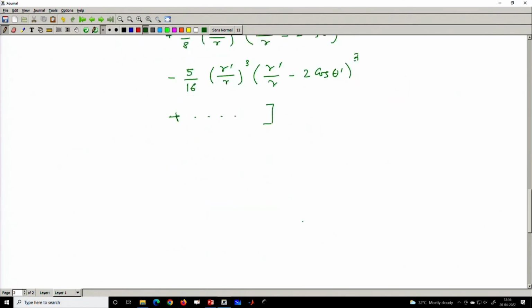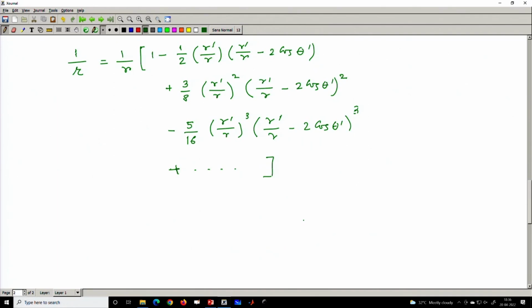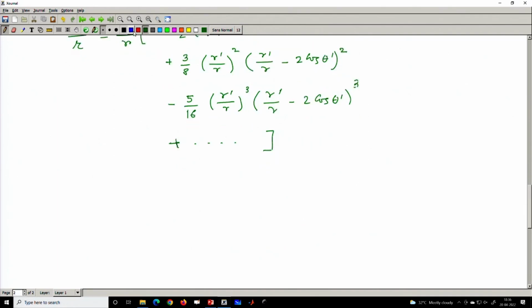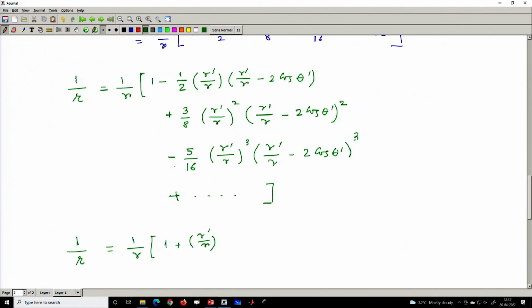Okay. So, in the next step what I do is very important, that I gather the terms based on the power of cos theta. So, if I do that, then 1 divided by curly r on the left hand side should be 1 by r, and then I have a bracket, the first term is 1, then I have r prime divided by r, and the cos term is here.